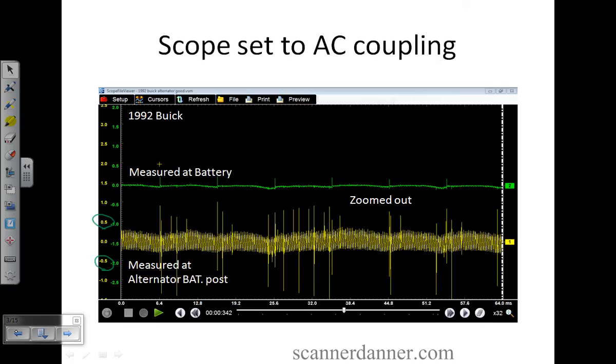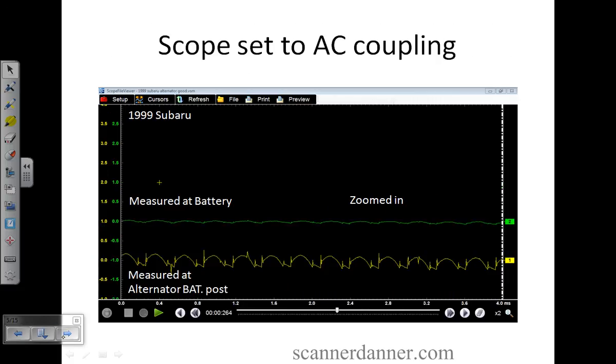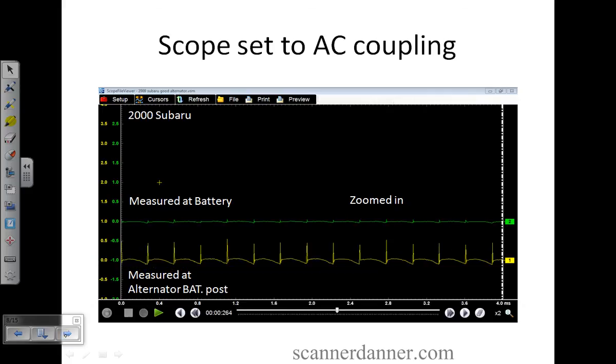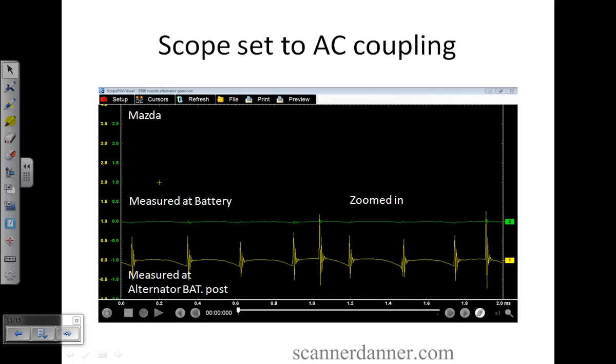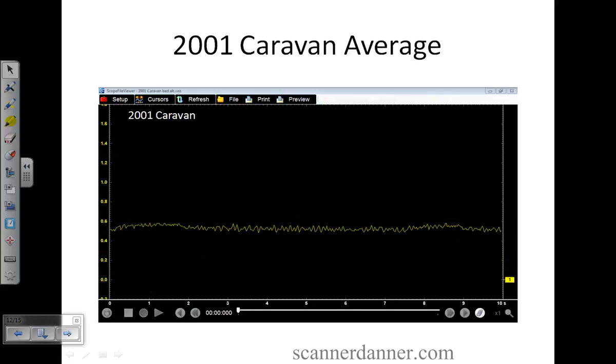You see more spikes in some than you do in others. We don't overanalyze those. We look at the overall average. In fact, after doing this now for years and seeing these problems, the average reading is really the one that'll keep you from getting in trouble, because the average reading kind of takes those spikes out of the equation.